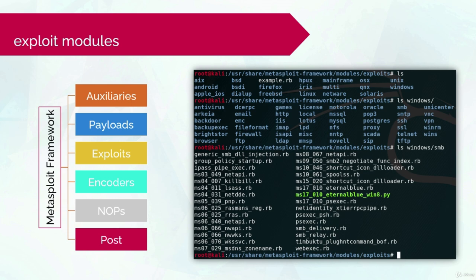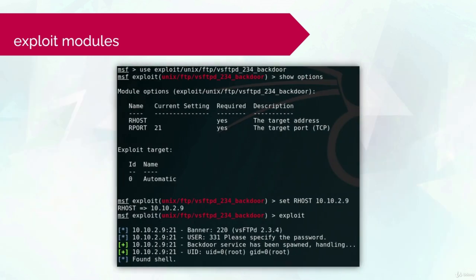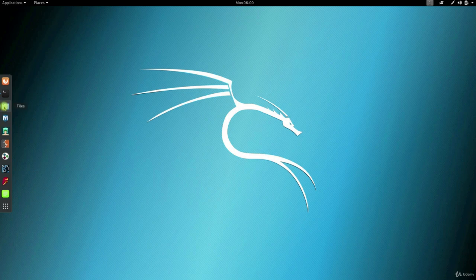And right up here are the various categories of the exploits. Now, I guess you might think about how you're going to find your way among all of the available exploits. So let me quickly show you one. First, I've got to mention you've got to be very careful before using any of these exploits.